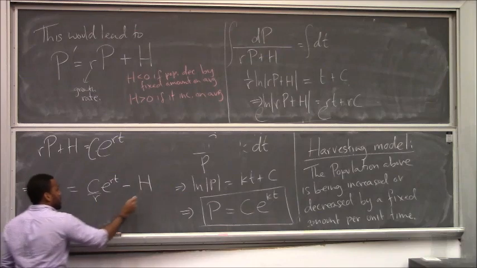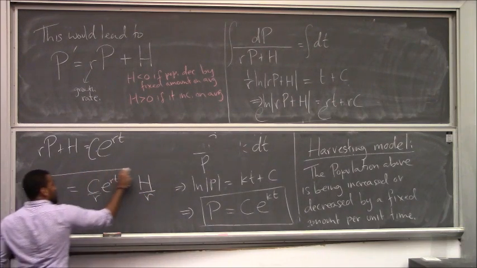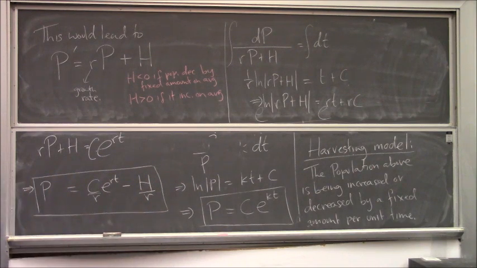So it's going to be C over r, h over r. And that will be the equation that helps us get the population.